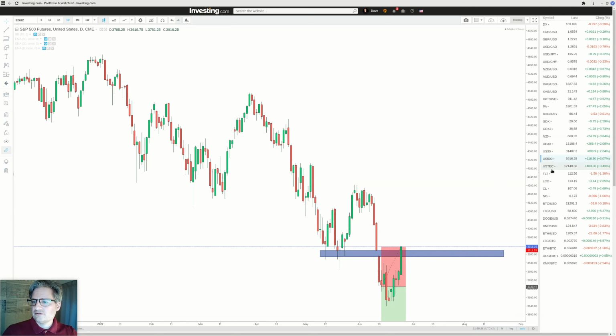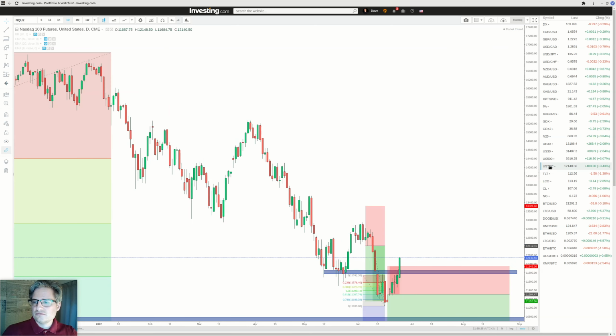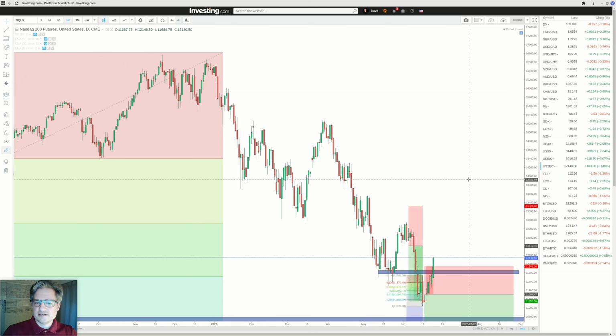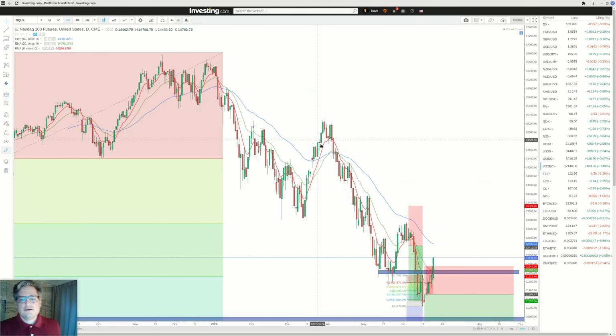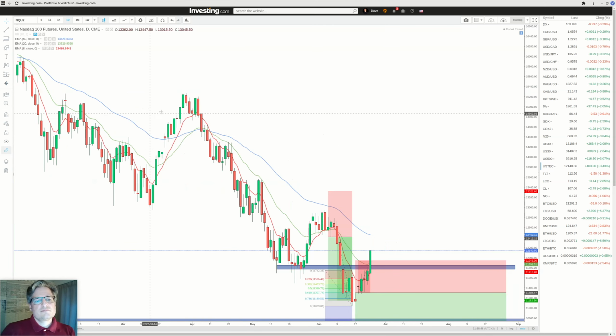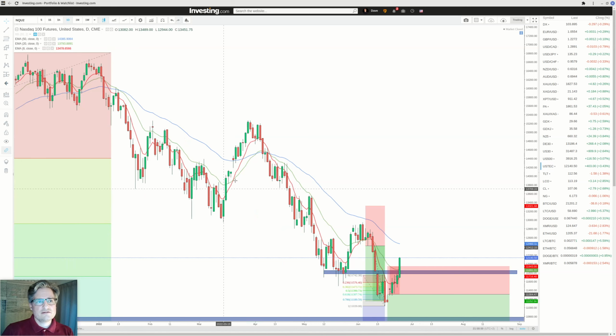I was short, and I also got stopped out here on the Nasdaq as there was a rally going on. So let's just put on some indicators again. So the 50, the 20 and the 8.